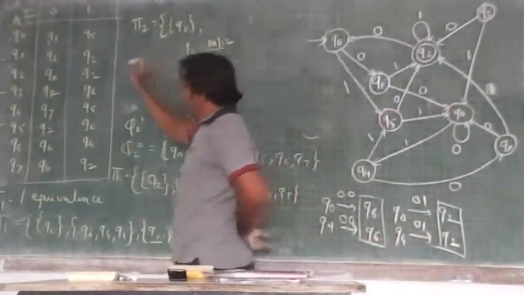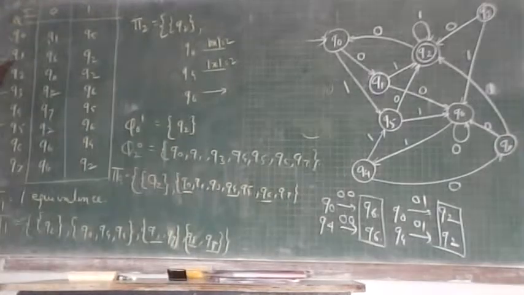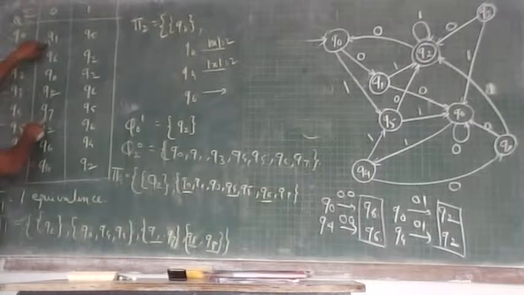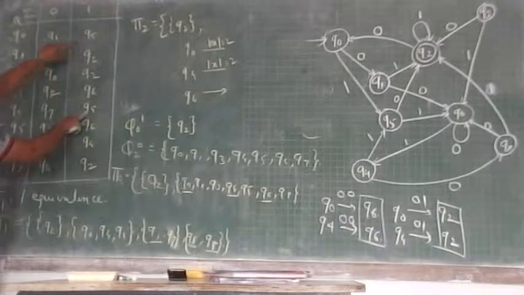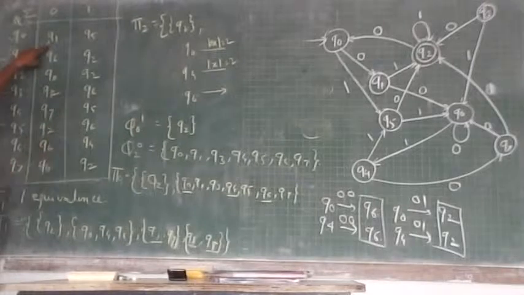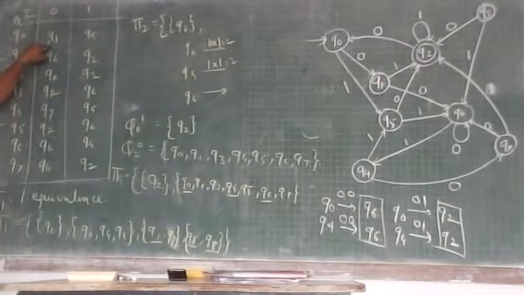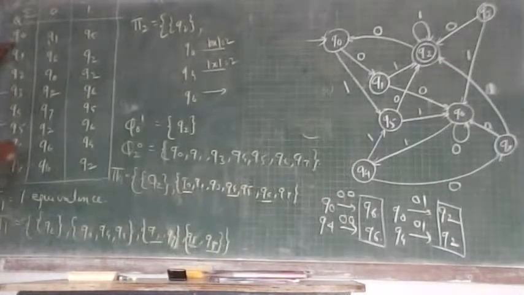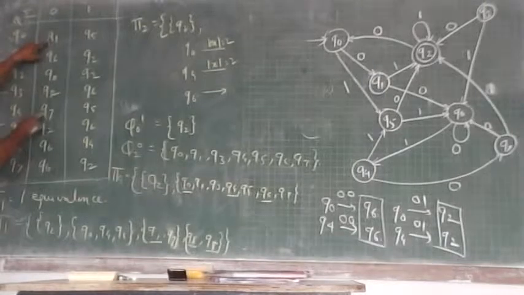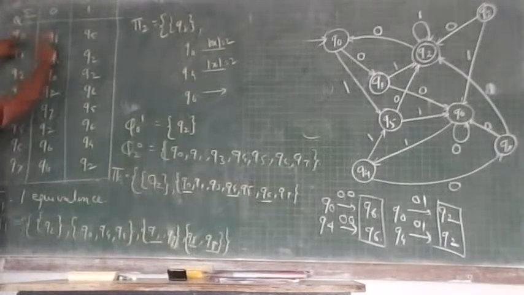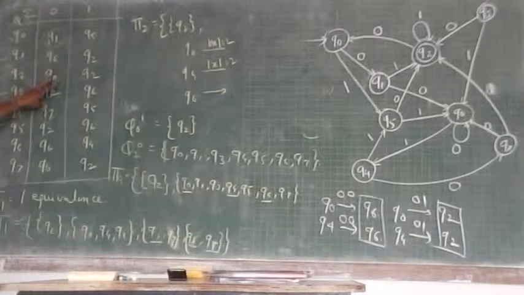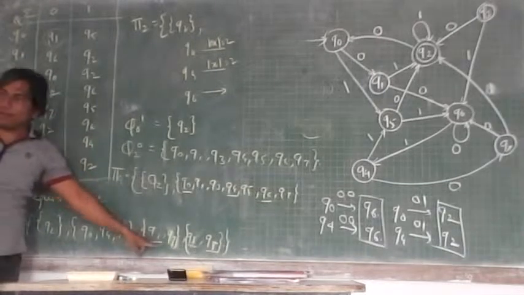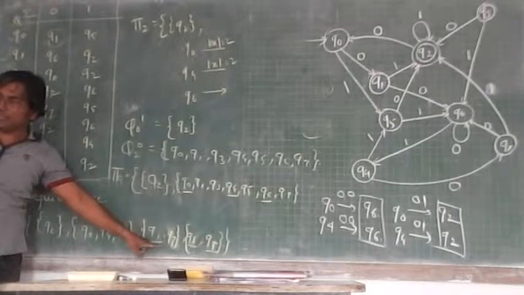If you see here from this Q0, Q4, Q1, Q7, Q5. From Q0 and Q4, for 0 you are going to what? Q1 and Q7, and Q1 and Q7 is what? One of a partition. To a particular state you are going.